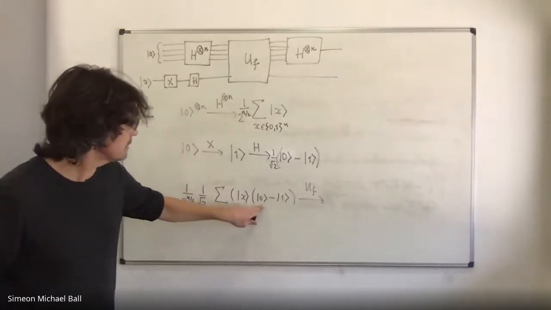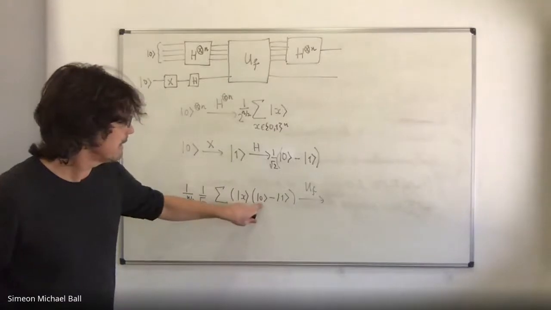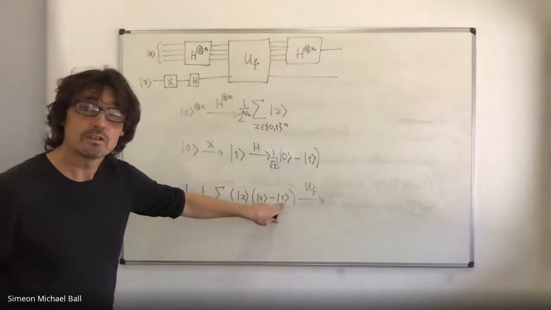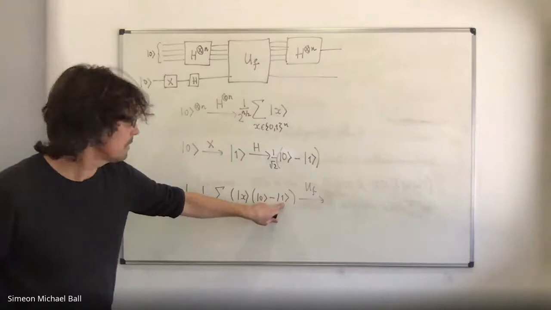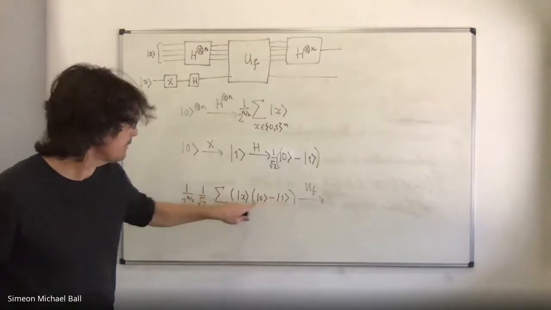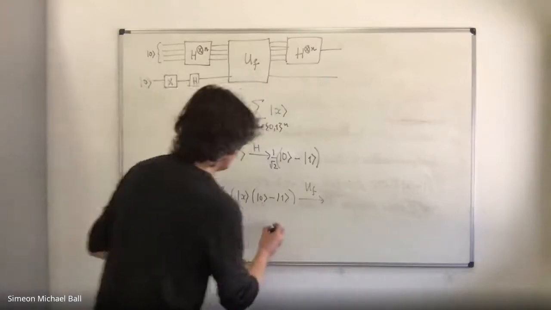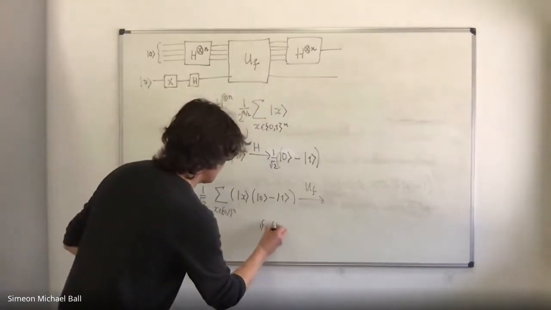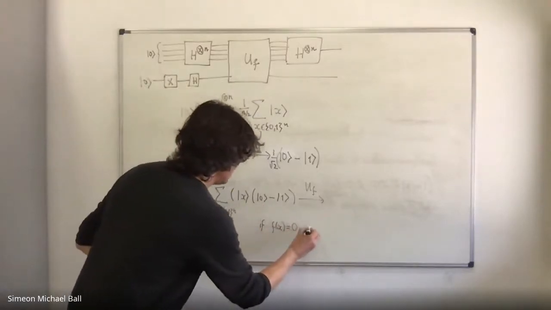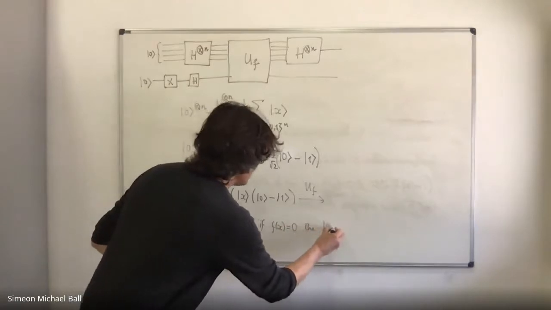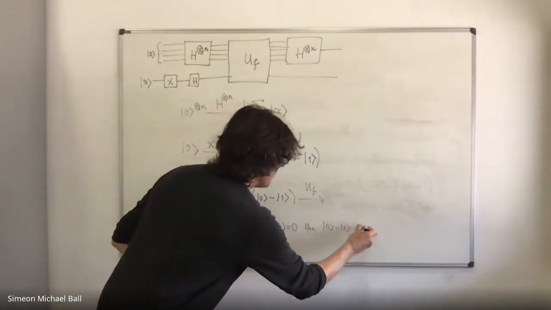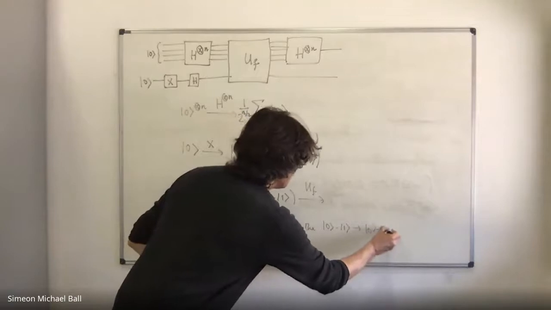If f of x is equal to 0 when we apply UF, this doesn't change. It's just 0 minus 1. What happens if f of x is 1? Then we add on, so if f of x is 0, then the 0 minus 1 point goes to 0 minus 1.